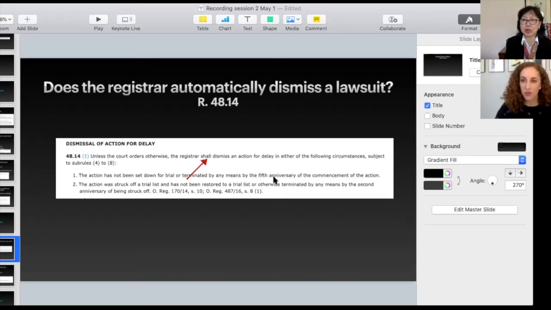Interesting. So if I were a defendant, I shouldn't be too complacent. I shouldn't assume that the court is going to dismiss my opponent's lawsuit and then I'm free. It's not that easy, is it? Yeah, you should still take steps to build your case and not just rely on the dismissal by the 5th year.